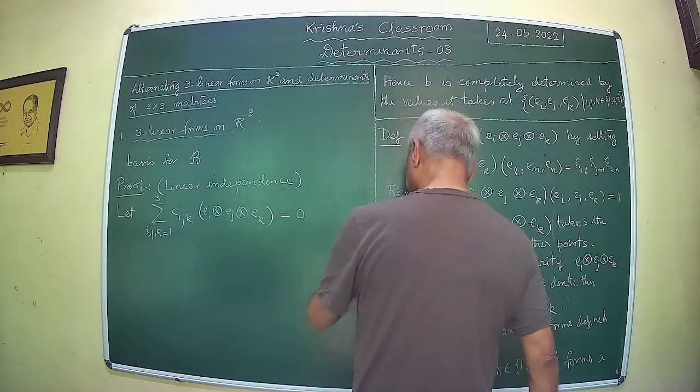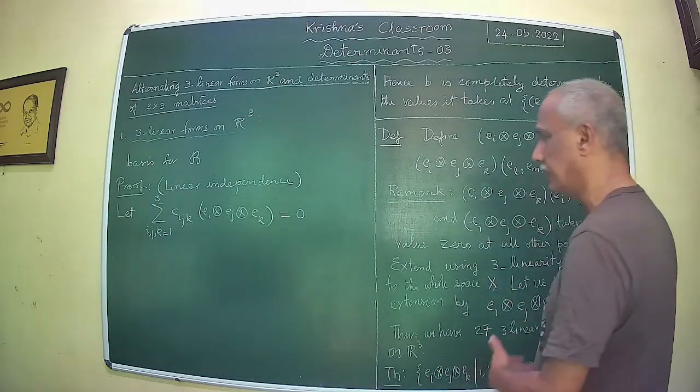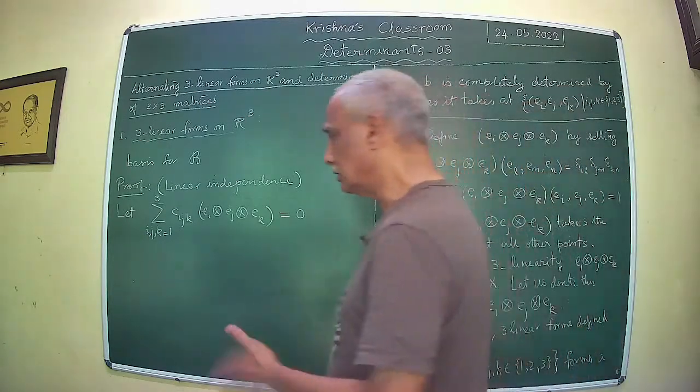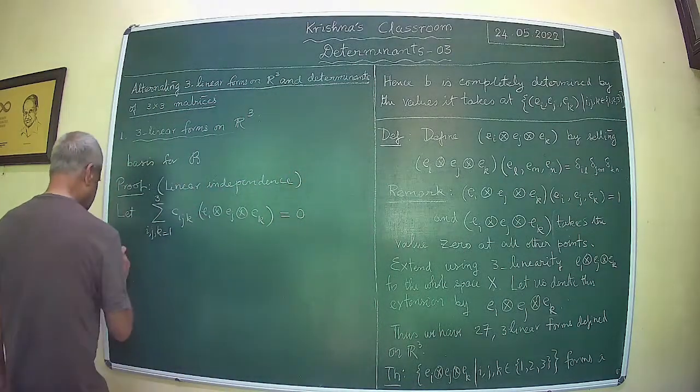That means its action on every point e_i, e_j, e_k is 0.